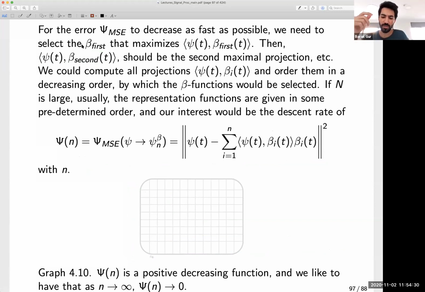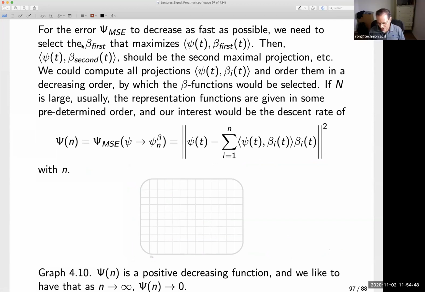If you are choosing different basis functions for different functions, then you need to represent also the index of the basis number. You need to add it to the representation, right?